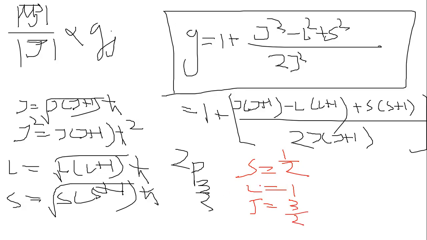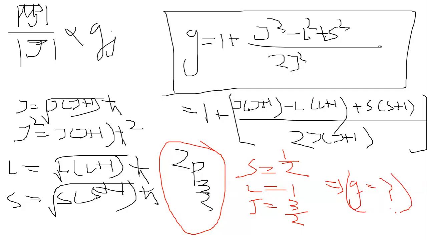So if we put all these values, then we will find the Landé g factor for the 2p 3 by 2 orbital. So please put all these values, calculate and tell me the answer, what is the value of g. I will wait for a few minutes for your answer. Please calculate and tell me.